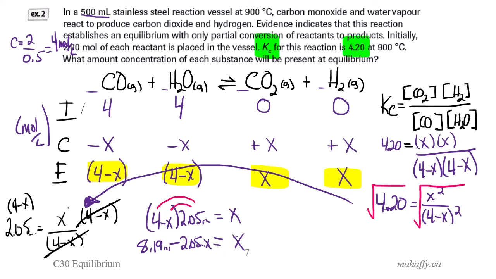So then to get the x's together, we can add 2.05x to each side, which will give me 3.05x, right? Because we're adding another 1x to it. And that's equal to 8.19 with its change.